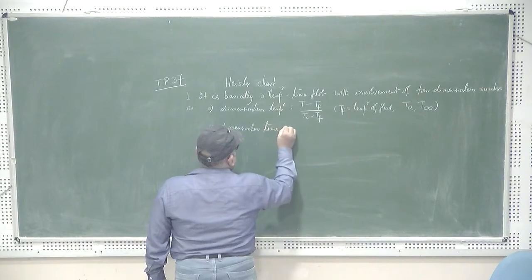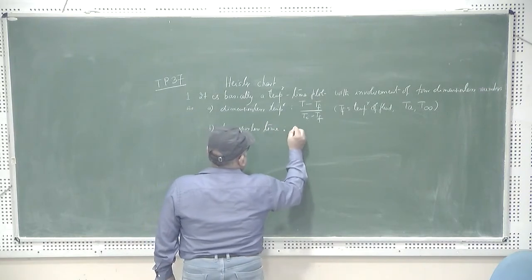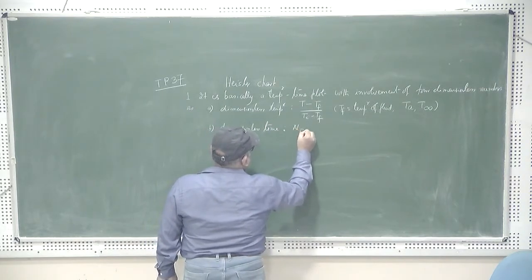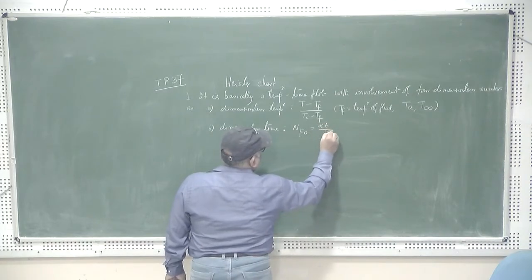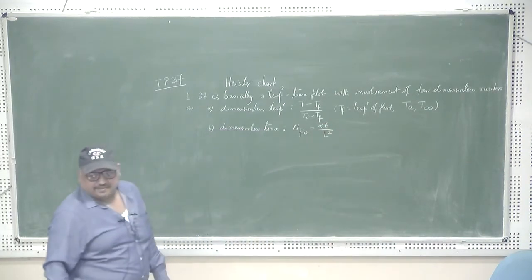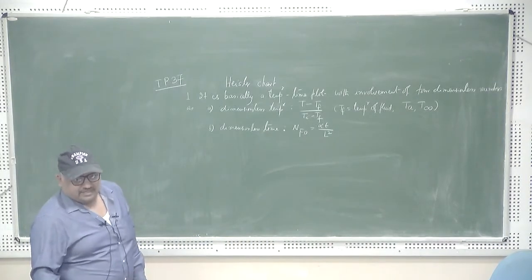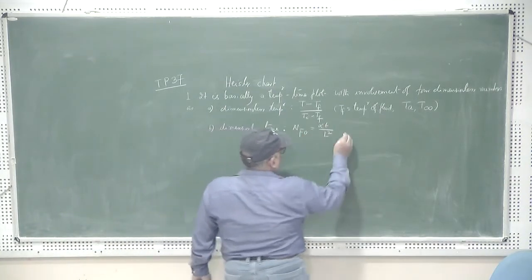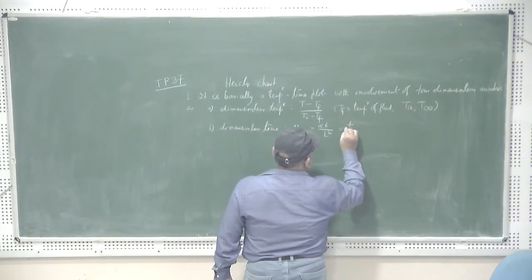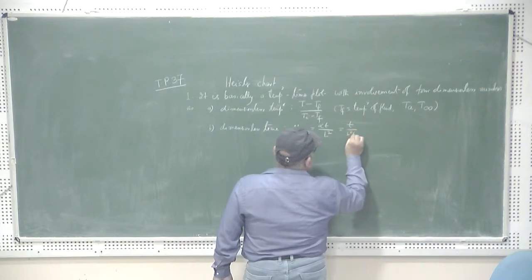Dimensionless time is also called Fourier number. It is defined as alpha t upon L square, where L is the characteristic dimension here. It can be defined as time elapsed, t divided by L square by alpha.